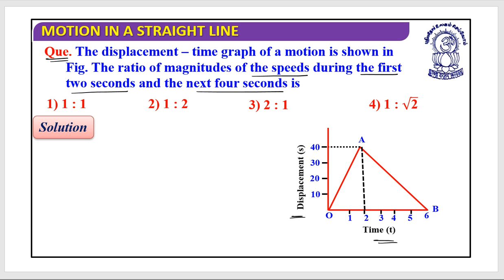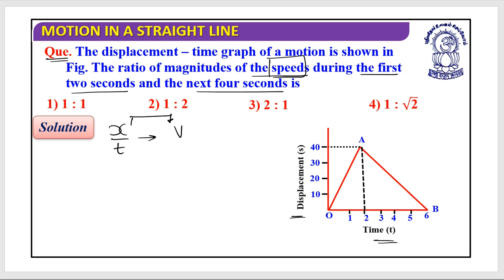When you need to find the speed, you must remember that you are interested in magnitude only. That's why they have said speed, not velocity. A graph of x versus t is given. You need to find out the velocity. So what will you do?